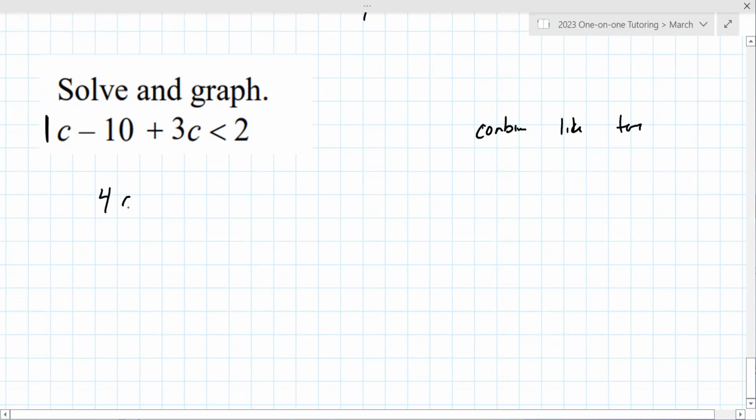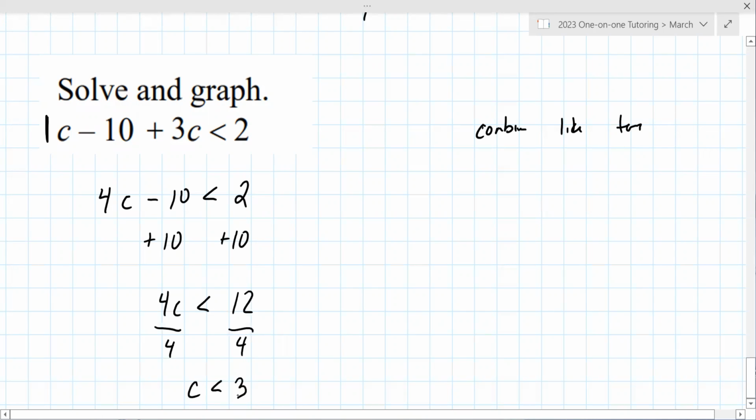That's 4C minus 10 less than 2. And then to solve this from here, you would add 10 to both sides. 4C less than 12, and then divide by 4, and C is less than 3. So even if you have more than one variable, you can still do the same thing that we've been doing.